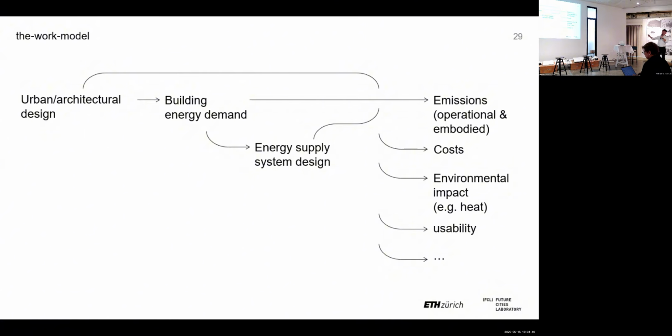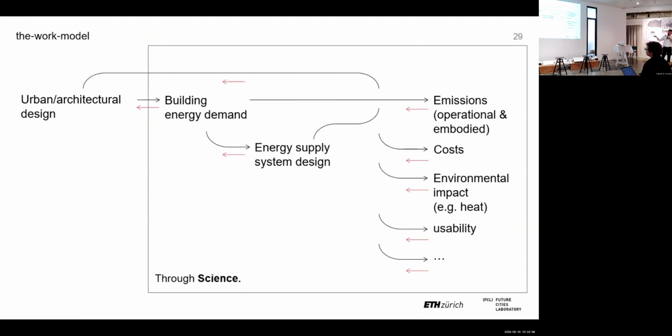There are also additional metrics, including costs and environmental impact. For example, in Singapore, a lot of anthropogenic heat is ejected into the surrounding ambience from cooling systems, and we don't want to cause urban heat island effects. And then also usability. All these metrics combined, we wanted to study the interdependencies from the far left, urban and architectural design, to the metrics on the right.